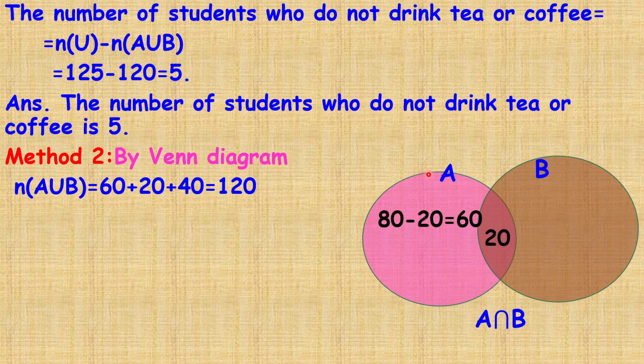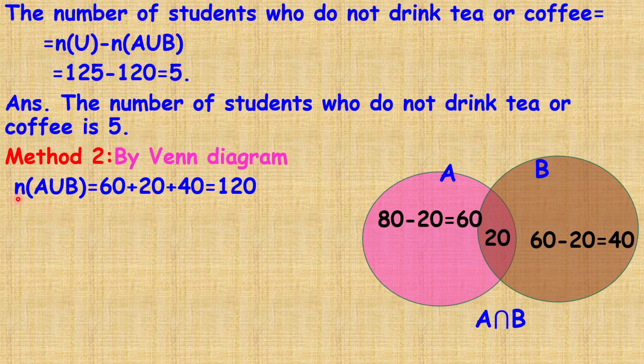So in set A, 80 minus 20 is equal to 60, meaning we subtract the common 20 students. In set B, the number of students who take coffee only is 40, meaning 60 minus the common students who take both tea and coffee, which is equal to 40.